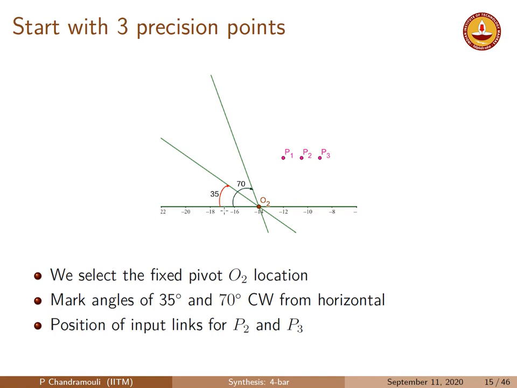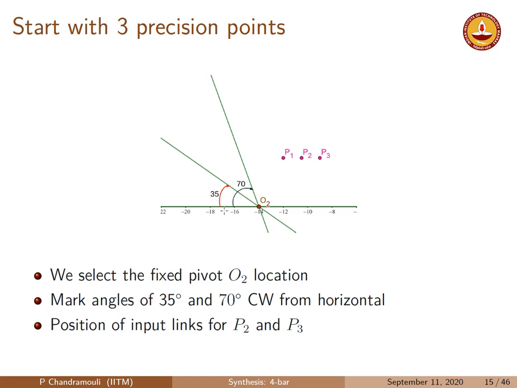Now we say that to go from P1 to P2, it should do that in 35 degrees of crank, input link rotation, and similarly it should go from P2 to P3 in 70 degrees of rotation. These are of course arbitrary numbers that I have thrown at you, but fundamentally we are saying that we are going to time the rotation.